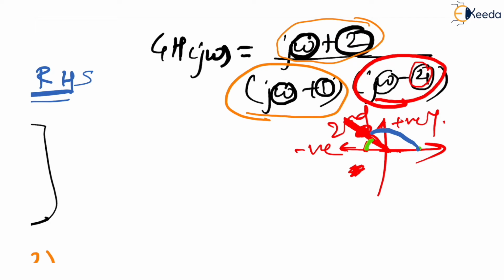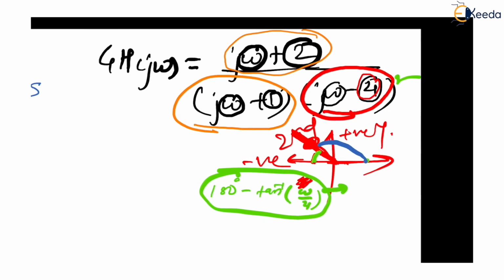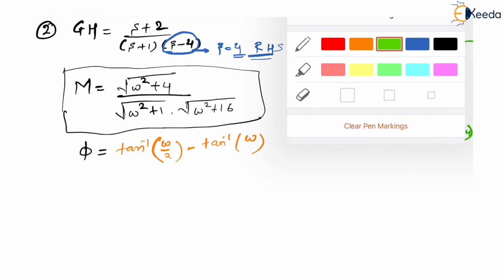So total angle is 180 degrees, so it is 180 degrees minus, what is this angle? This green is given by tan inverse of whatever is this one. Yes, it becomes omega by 4, so it is imaginary part by real part, which is omega by 4, right? Because it is in the denominator, when this goes in numerator, we get it to be equal to minus 180 degrees plus tan inverse of omega by 4. This is minus 180 degrees.